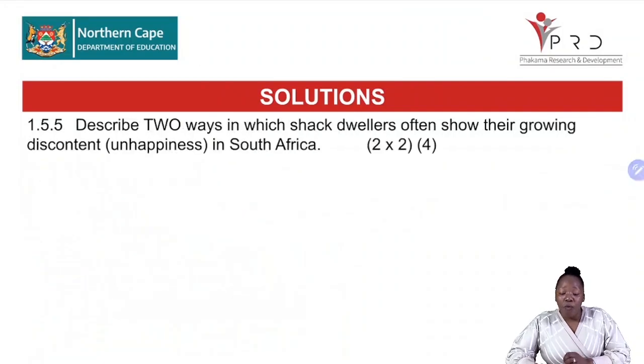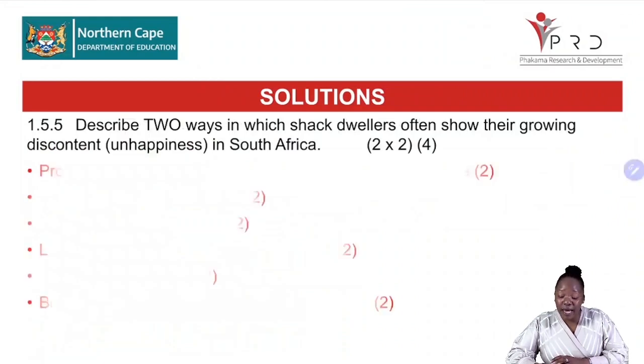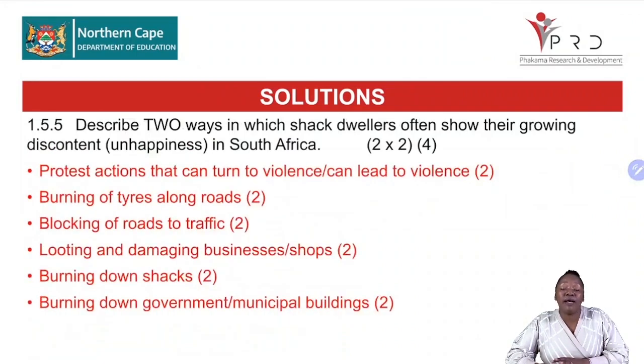Then your 1.5.5, you describe two ways in which shack dwellers often show their growing discontent, which is unhappiness, in South Africa. You should know that these people tend to protest.